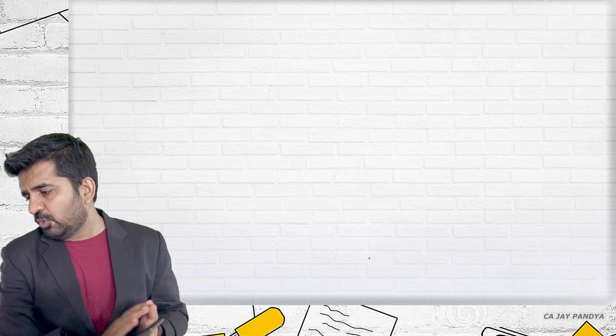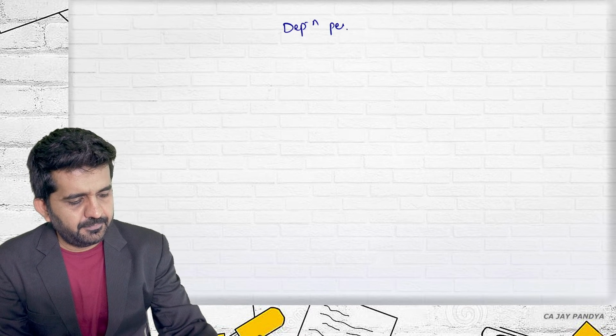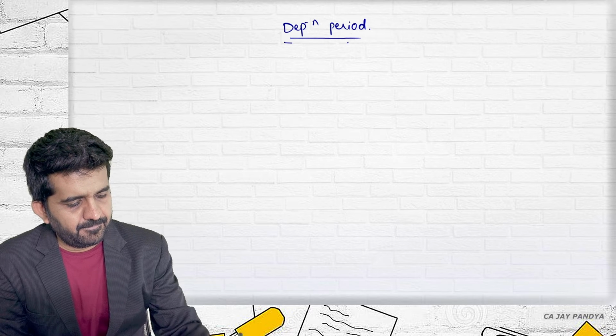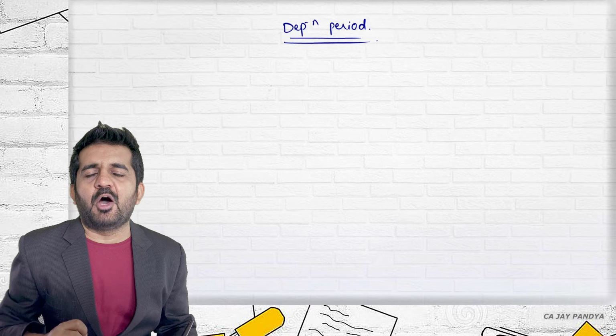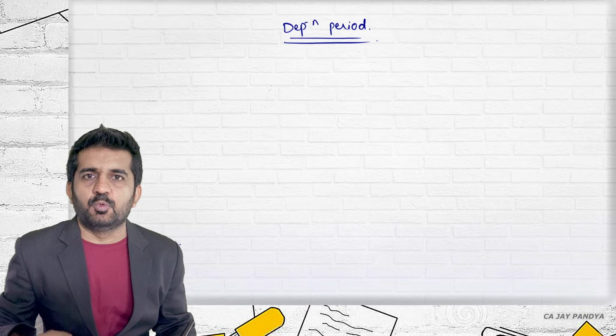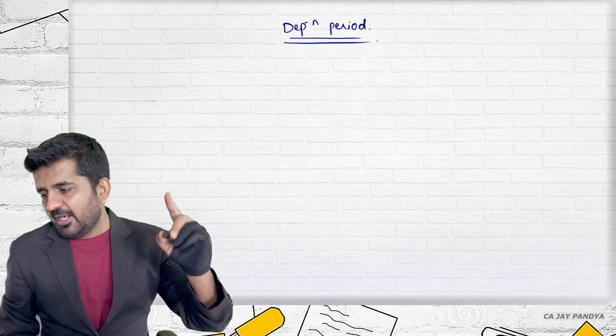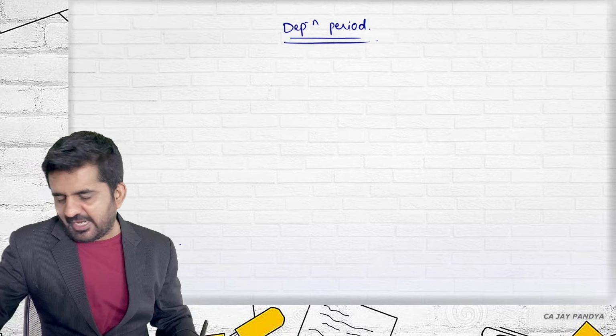Next is, we all know that to record the depreciation, the useful life, or the number of years, is important. So how to decide the depreciation period? Now we know you just need to estimate for how many years this asset will be used and will be useful. But understand, we need to go technically.